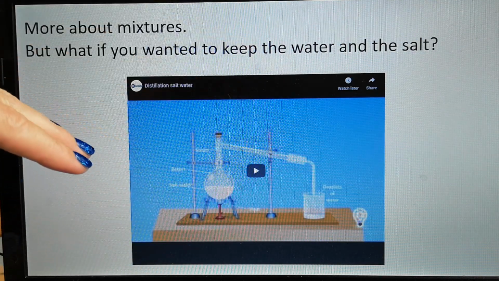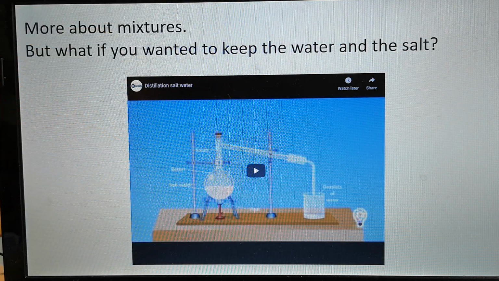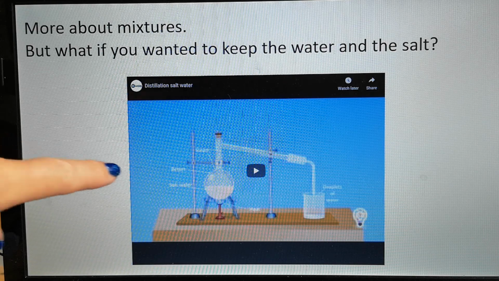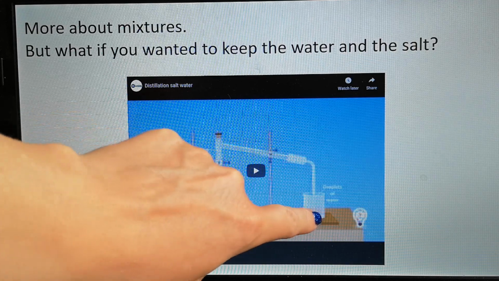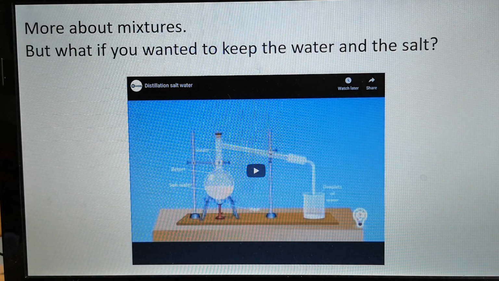With this technique, it's called a Liebig condenser because the man who invented it was called Liebig, and condenser because obviously you're condensing the water vapor, the steam. When this whole process is finished, we've got the salt in the flask and the water in the beaker. So we've kept both parts of the mixture.